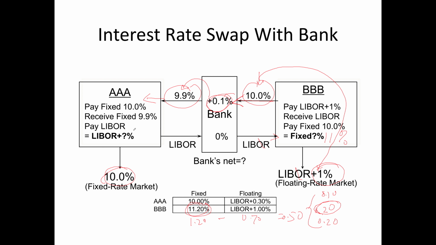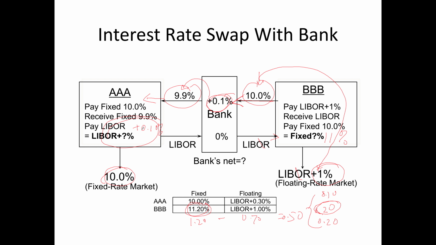But they pay the LIBOR. So LIBOR plus 0.1. Well, how do I get the 0.1? It's 10 minus 9.9, the difference. Right? This is the actual cost for them. So LIBOR, which is a random variable, plus 0.1 becomes their effective rate.